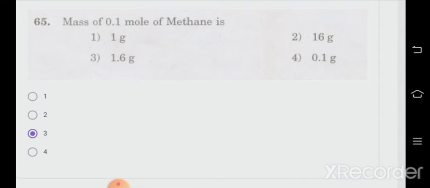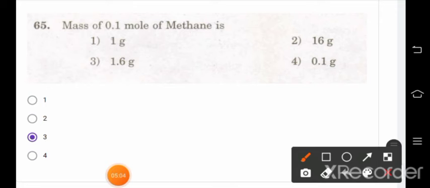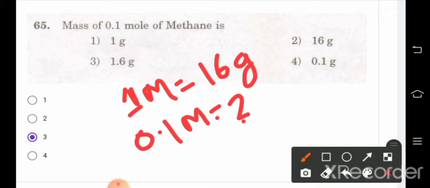I will write here: 1 mole of methane is equal to 16 gram, and 0.1 mole is equal to how much? This is a simple equation you need to solve.